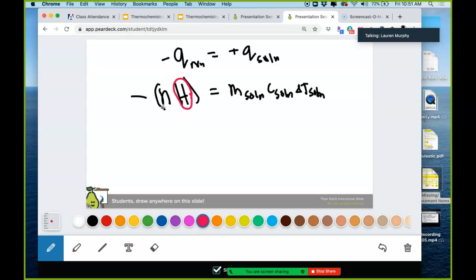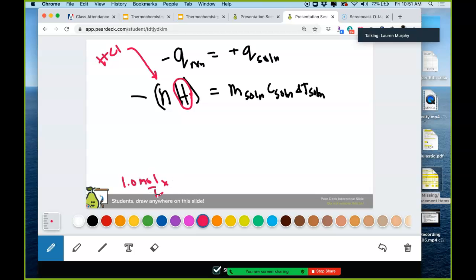All right, so let's plug. Who did they say they want the H per mole of? They said a specific substance, right? They said HCl. So guess who the moles belongs to? HCl. And I'm going to come back to this in a minute. So how do you get moles? Well, you take molarity and you multiply by volume in liters.